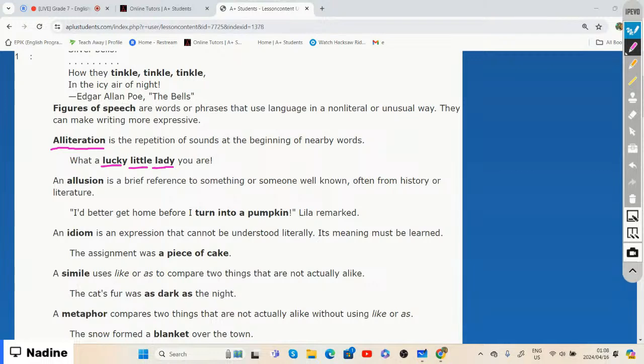All right. Then we have an allusion. And an allusion is a brief reference to something or someone well known.